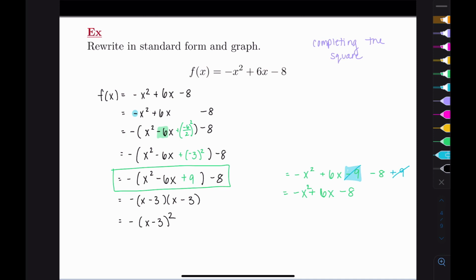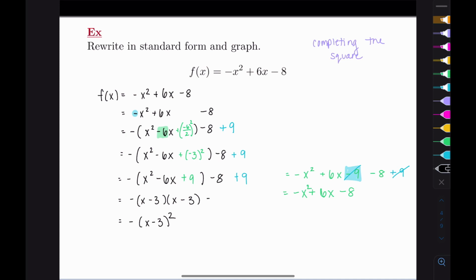So really out here, I need to add 9 so that these two things would cancel, and I haven't changed my equation. So really every step where I've added this thing, I need to add a 9 to make it a true statement.